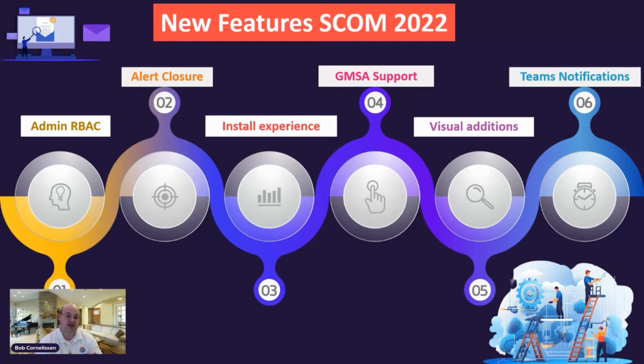A nice one is an additional column in an alert view, which points out if an alert is from a rule or a monitor, for example. And a Teams notification channel has been added instead of the old IM channel, which was there before. And of course, this version of SCOM can be run on Windows Server 2022 for the infrastructure components as well. And of course, SQL 2022.